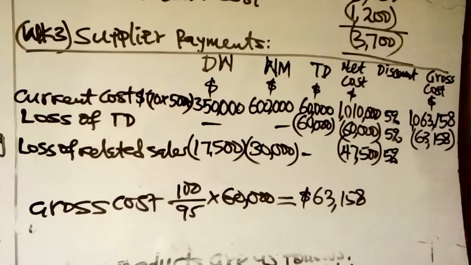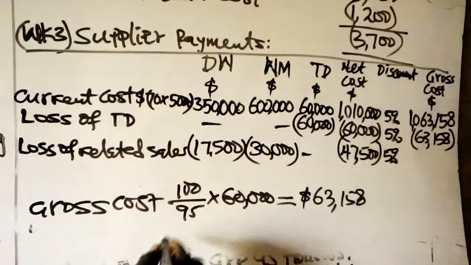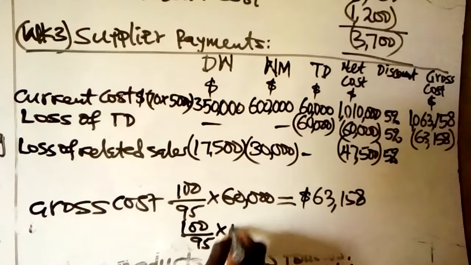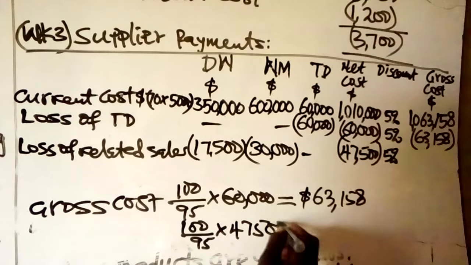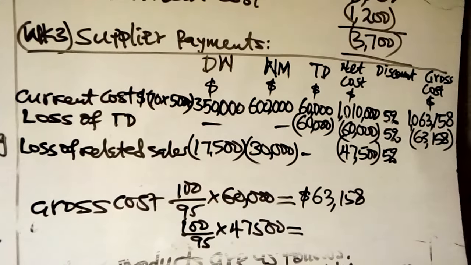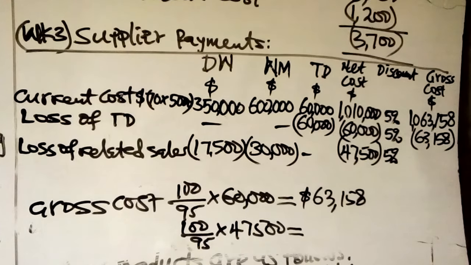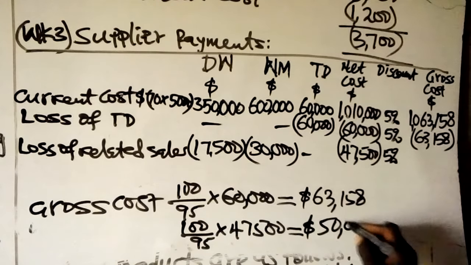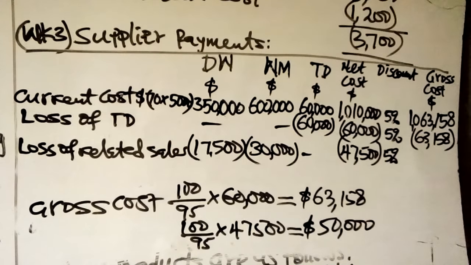Then for the second one, 47,500: 100 over 95 times 47,500. 100 times 47,500 divided by 95 gives us 50,000. So now you are losing 50,000 on this.